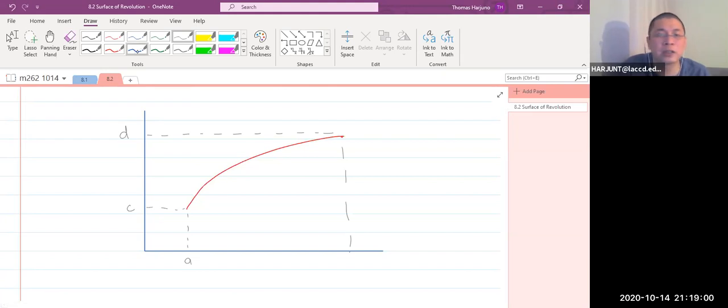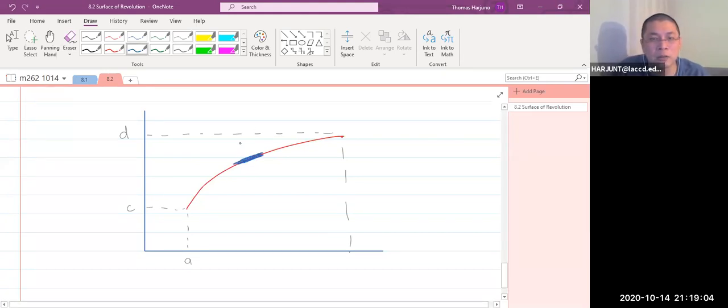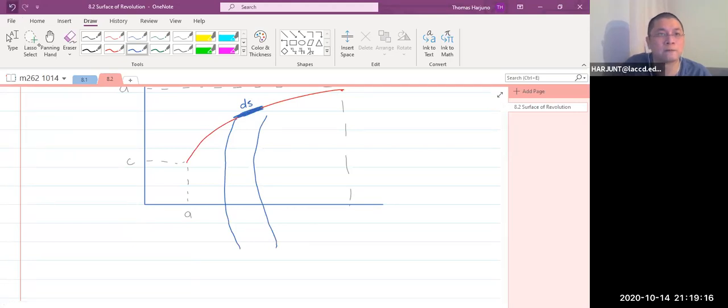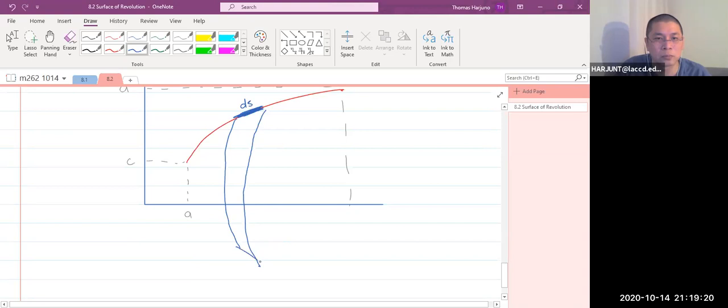Now take a segment there. This is my ds. Suppose I rotate that with respect to the x-axis like what we did earlier. Then the radius will be y.